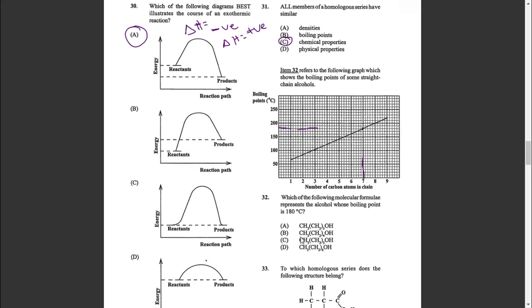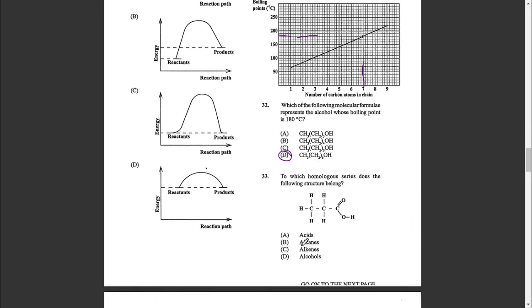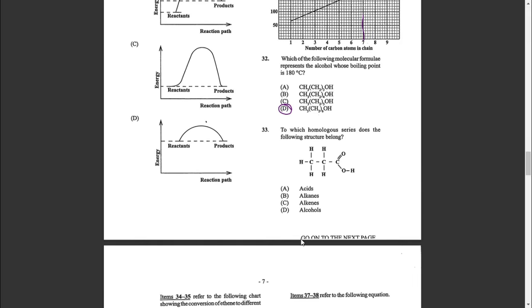Which one has 7 carbons? This one has 7 carbon atoms, so it's D. 33. To which homologous series does the following structure belong? This is the functional group, and that's an acid. So it belongs to the carboxylic acid group, which is A.